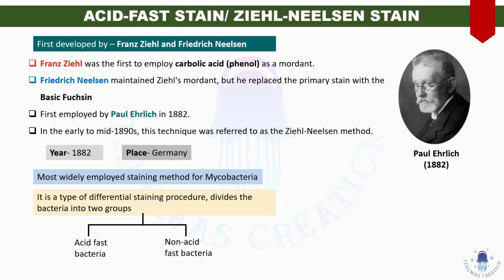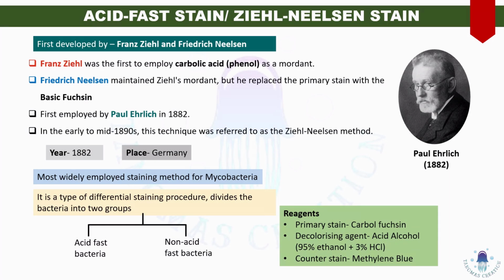This is in 1882 and the gram staining was in 1884. So this staining method was developed in Germany. It's the most widely employed staining method for mycobacteria. And in the early to mid 1890s, this technique was referred to as the Ziehl-Neelsen method. It is a type of differential staining procedure that divides the bacteria into two groups: acid-fast bacteria and non-acid-fast bacteria.